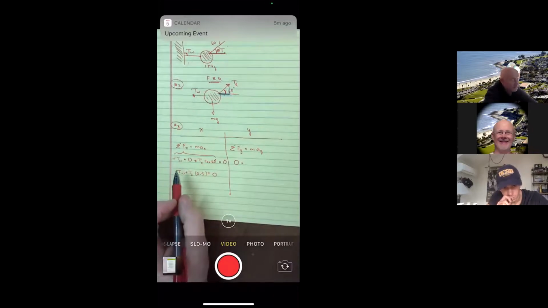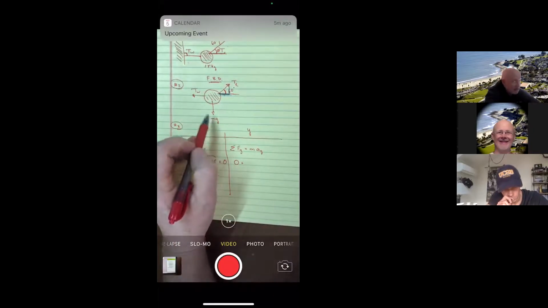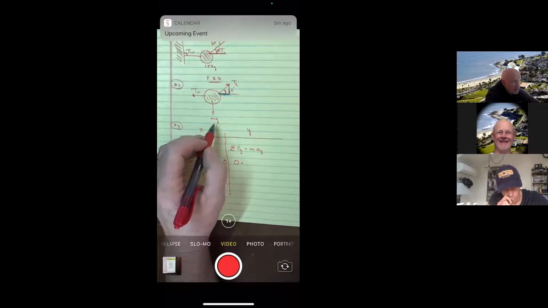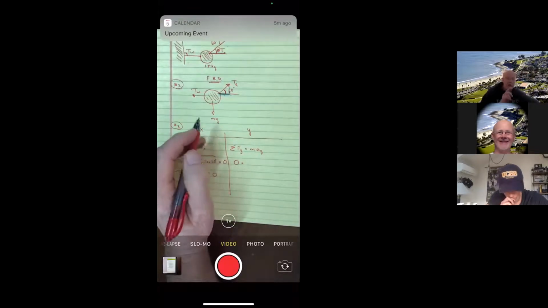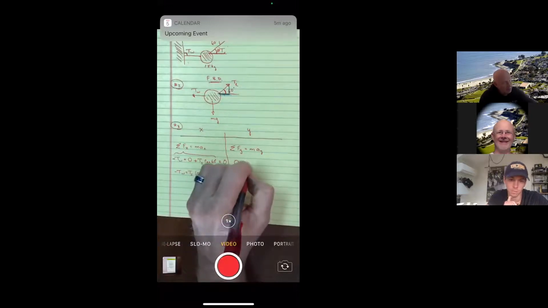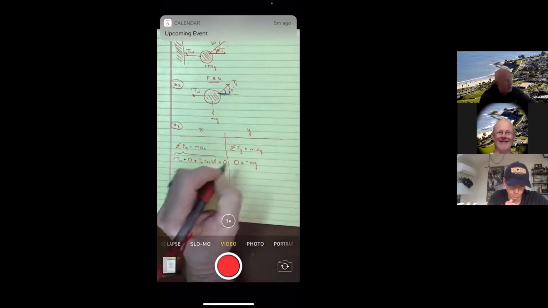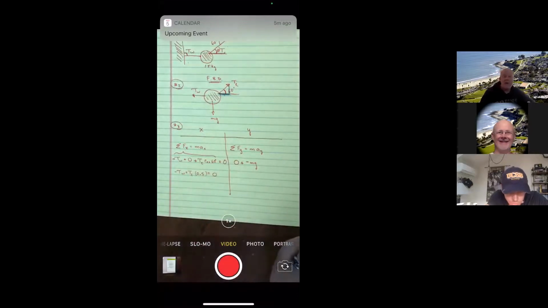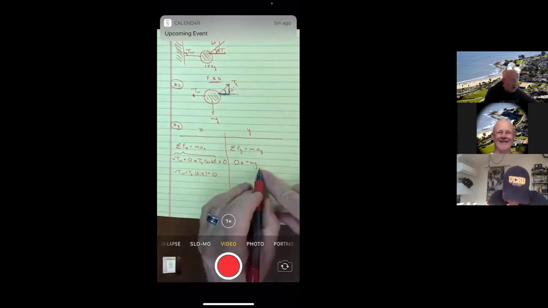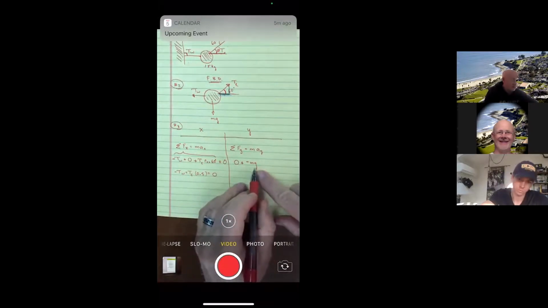Let's go to the second force. How much of the weight is in the y direction? All of it, and it's all down. So it would be plus a negative mg. The negative because it's down, and of course mg is how you calculate the weight. And again, notice there's no sine or cosine because it's all of it.